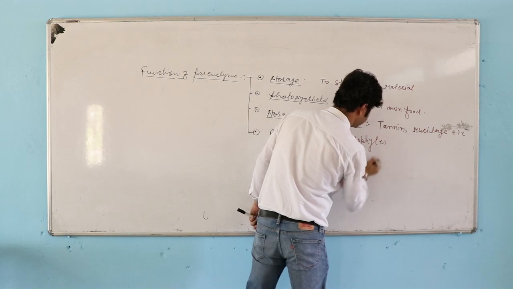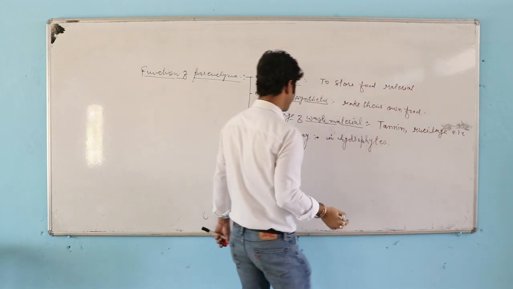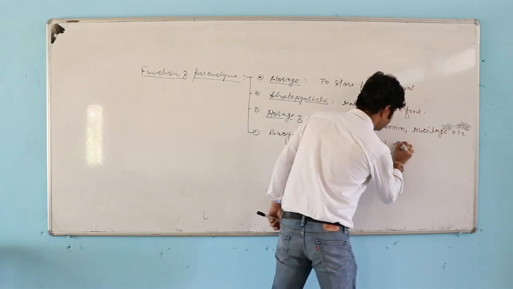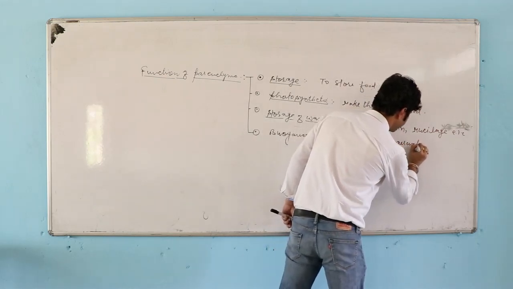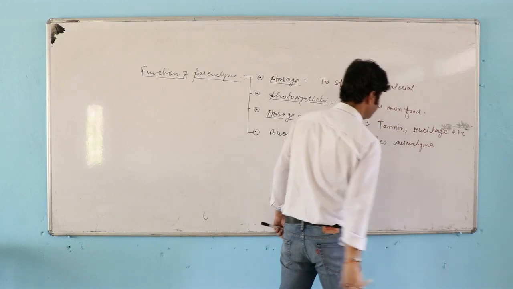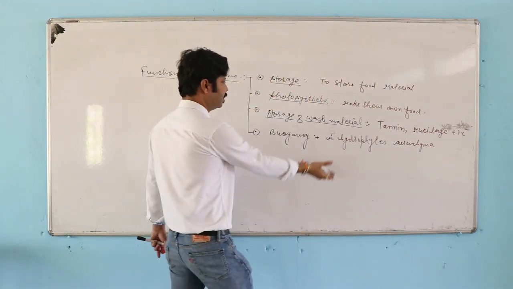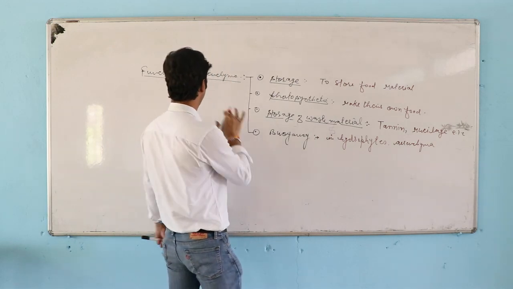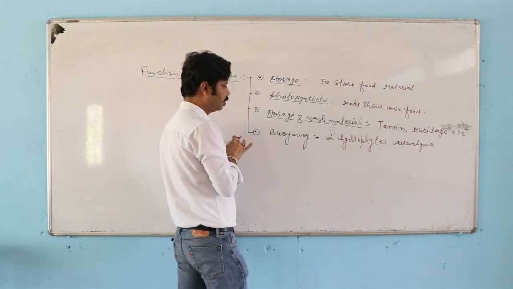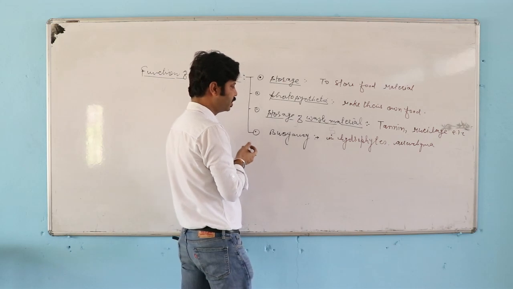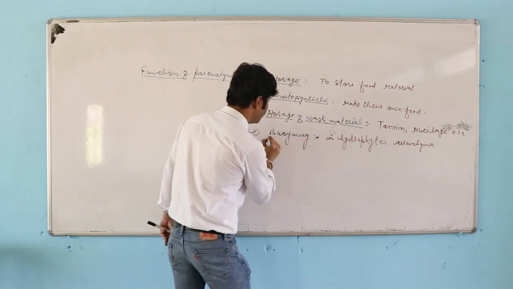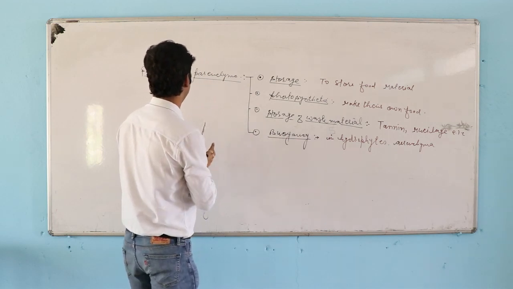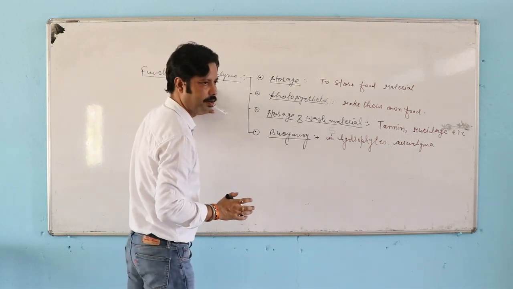In hydrophytes, due to the presence of parenchyma, these parenchymatous tissues provide the floating nature. This tendency is called buoyancy. Okay, so these are the functions of parenchyma.